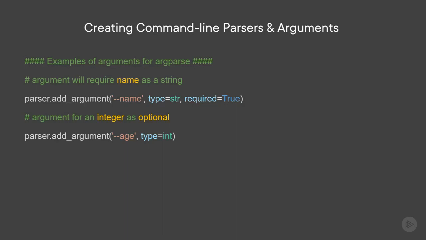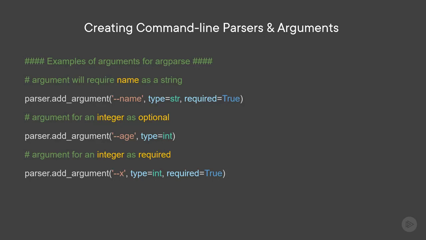Now, for the second example, we're actually specifying a type of integer, and we're asking for age. And so if you were to run the script with the name argument and the age argument in the script, you could specify the name and the age. Now, take note that we didn't specify the age is required, so it's actually optional.